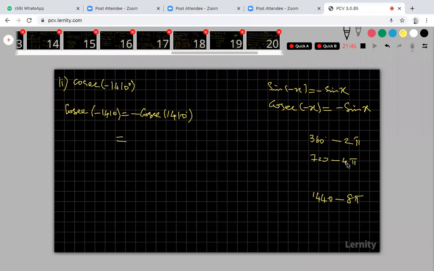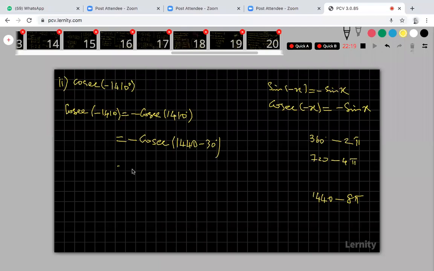Here multiply by 2 gives 1440, but I need 1410 only. So cosecant 1410 degrees can be written as 1440 minus 30.